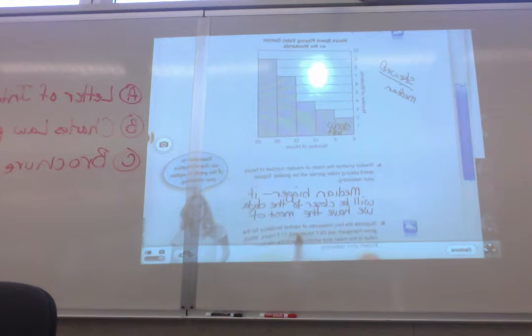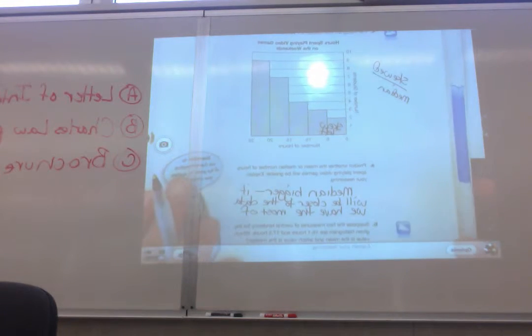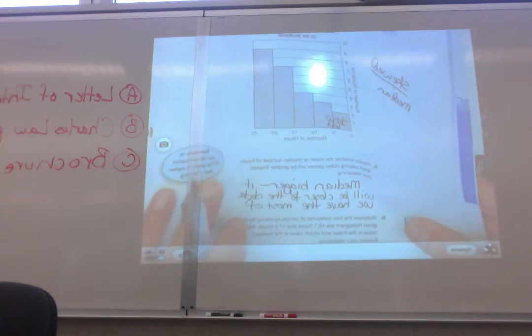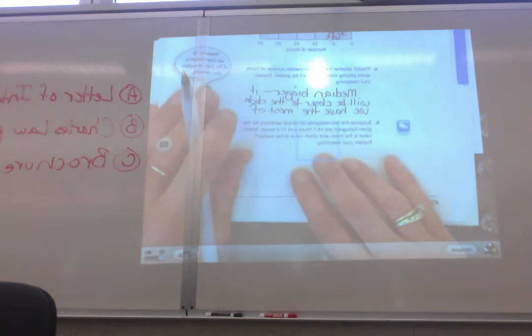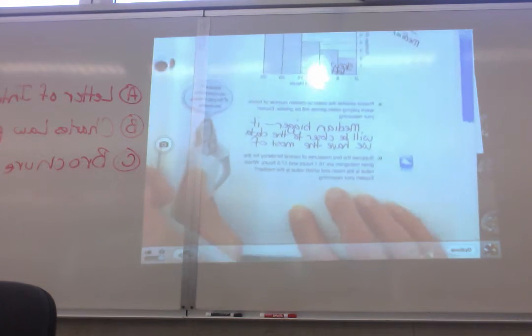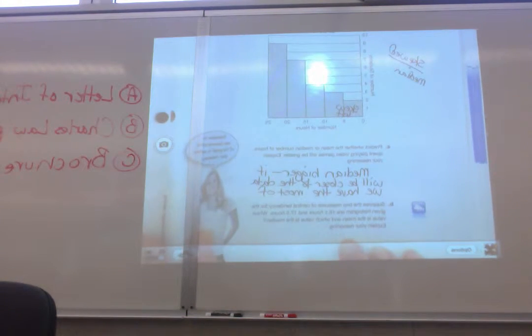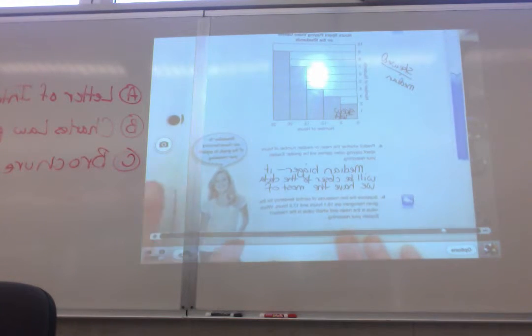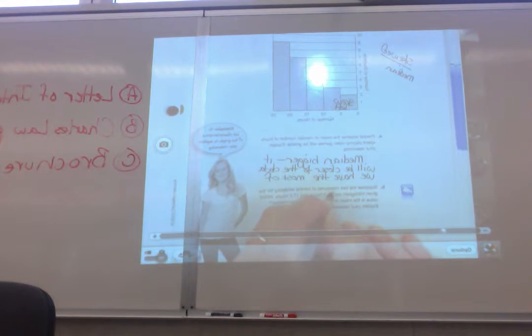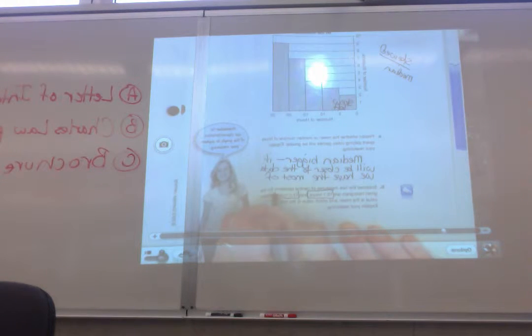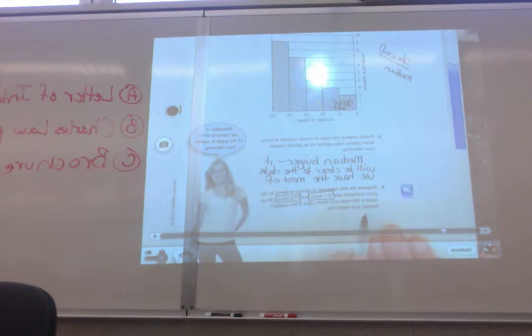Suppose the two measures of central tendency for the given histogram are 16.1 and 17.5. Which value is the mean and which value is the median?